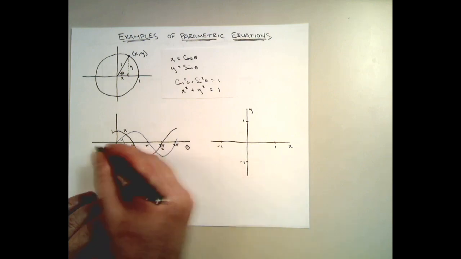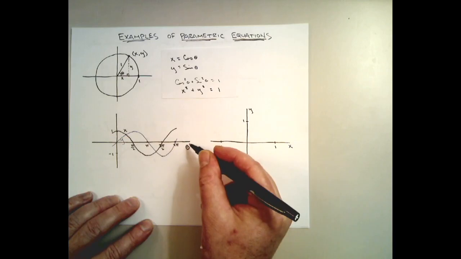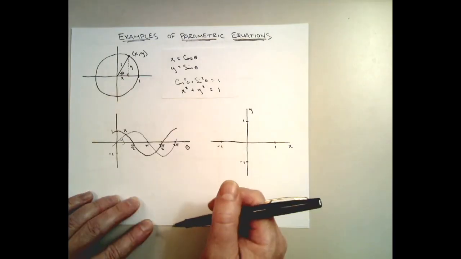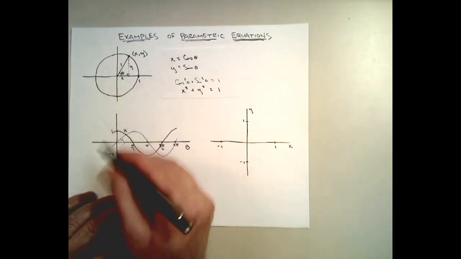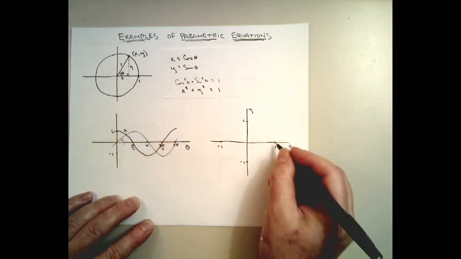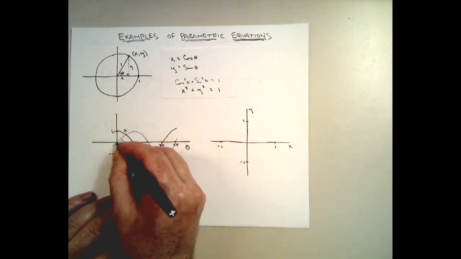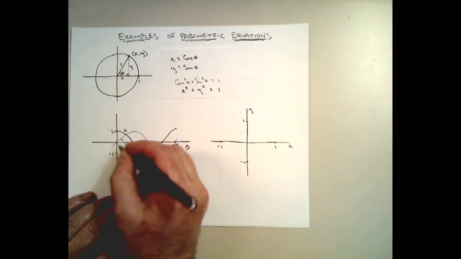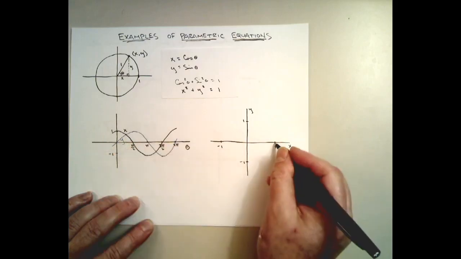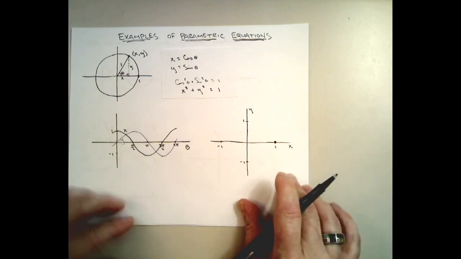So this axis we're now thinking of as describing the values of the parameter theta. Whenever theta is 0, my graph tells me that the X value is 1, so X is 1 at the same time that Y is 0. So (1, 0) is going to be a point on my graph.